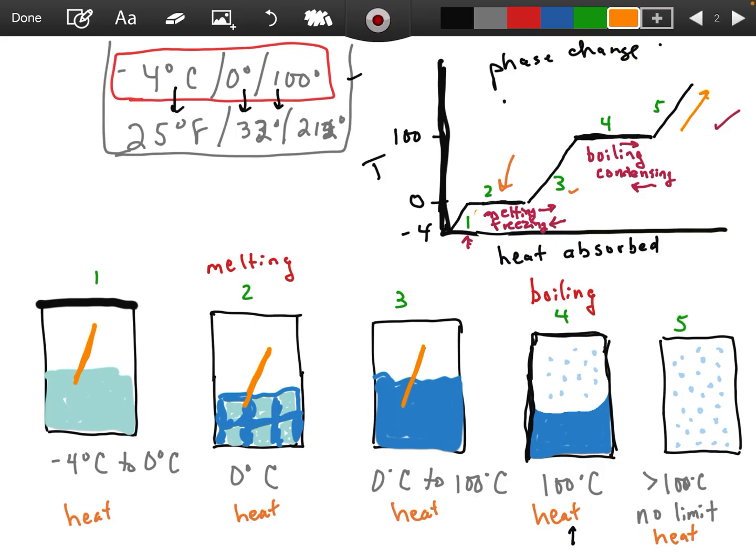It would keep rising until there's no reason for it to stop rising, as long as the heat was high enough. But probably the pressure caused by the increase in temperature would rupture the vessel that you were in.